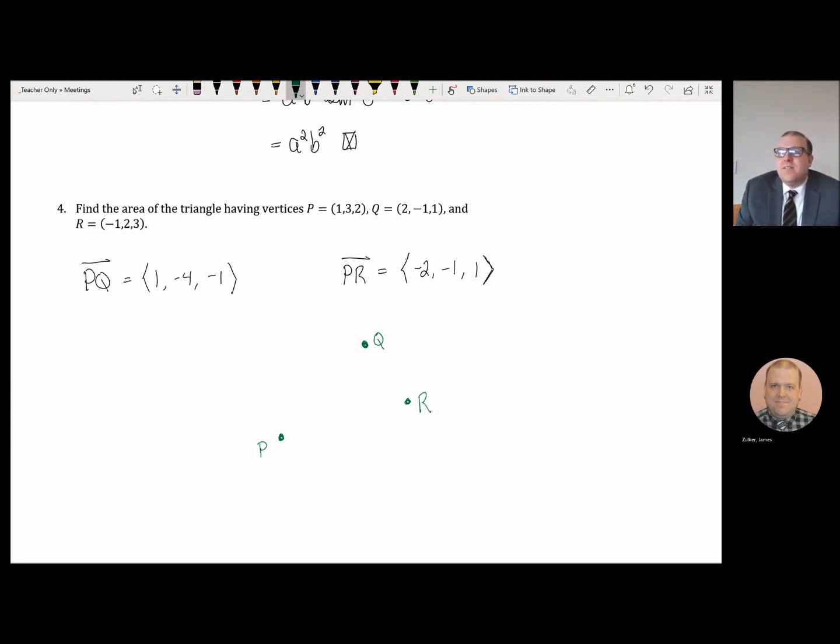Let's say, of course, it's tough to do because this is supposed to be in 3 space.